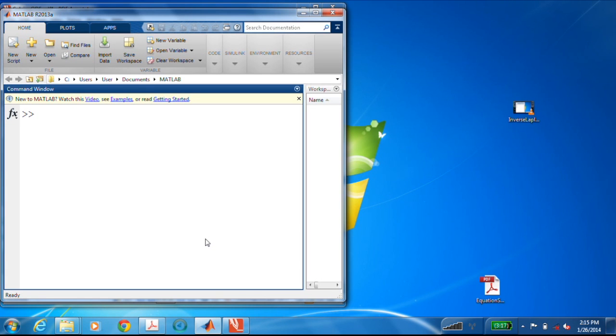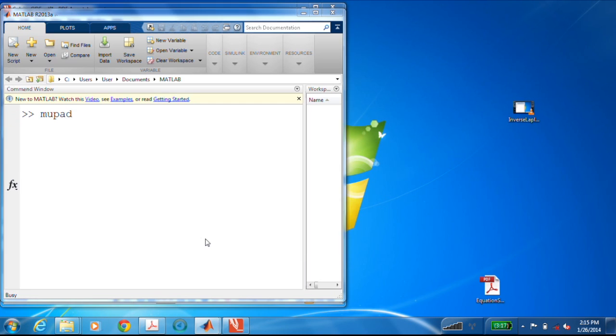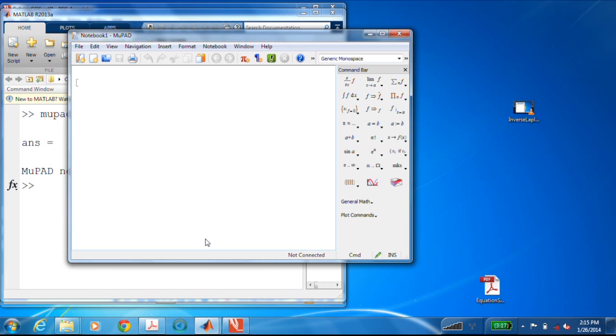Okay, so here's MATLAB. And in the MATLAB window, I'll just type MuPAD. The way that I'm going to do this check is I'm going to assume that I had the X of s correct, that rational function for capital X. So I'll just call it xx here, and I'll set that equal to 3 times s plus 23, and I need to get another parenthesis around that, and divide that by, let's see, we had an s plus 2, and we had another s squared plus 2 times s plus 17.